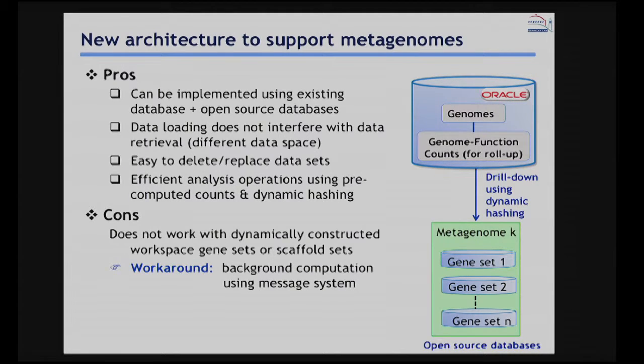Using this implementation, we successfully overcame a couple of problems. The most important one is the budget problem, because we use the existing Oracle database and then an open source database, so we can still keep extending within our budget. Also, because metagenome data are now partitioned into different data spaces, data loading does not interfere with users querying the existing data.